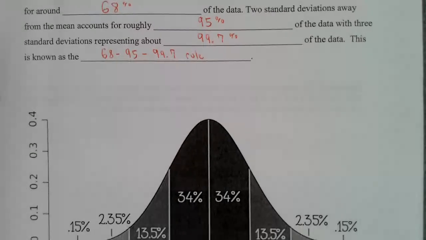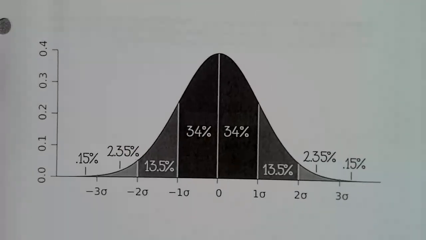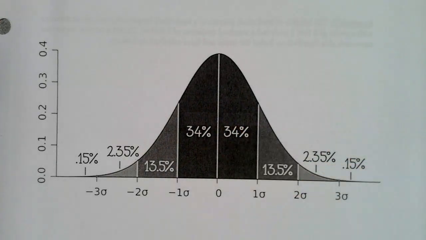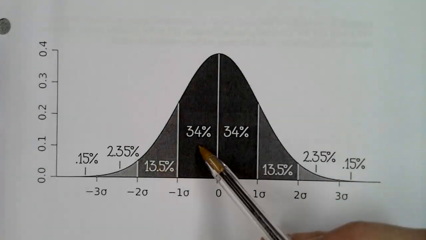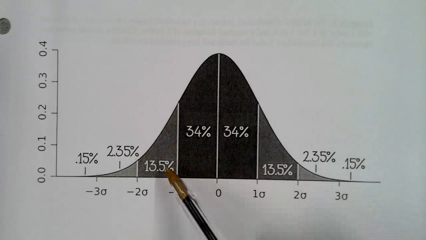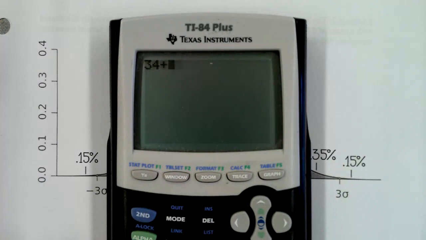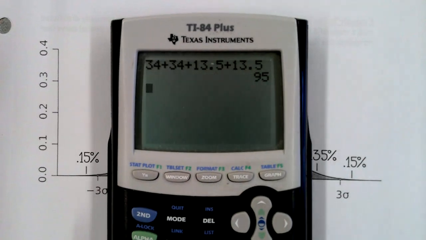So here's an example of a normal distribution curve. If you notice, these two middle sections, 34 and 34, add up to 68%, like we talked about above. If you add on these two segments, 13.5 and 13.5, so 34 plus 34 plus 13.5 plus 13.5, that gives me the 95% number we talked about above.